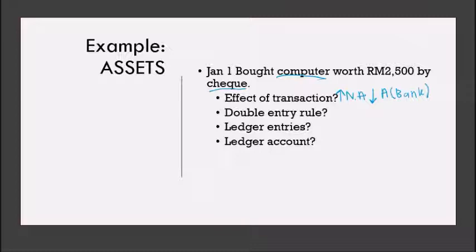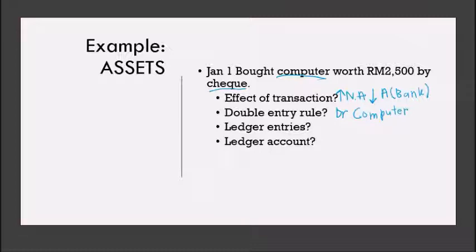So what are the double entry rules? When an asset is increased, it's on the left side, which is the debit. So when you buy a non-current asset, you must record it with its name. So you're buying a computer. So when you're paying, the asset reduces another asset.